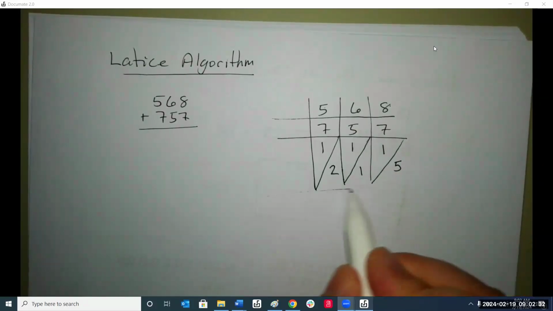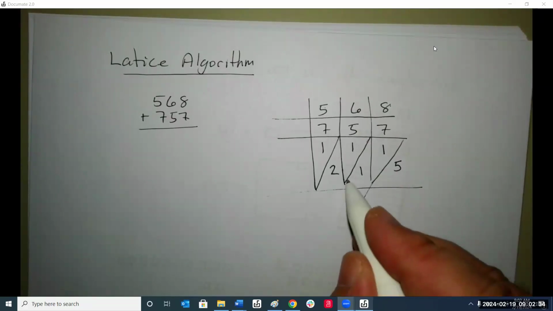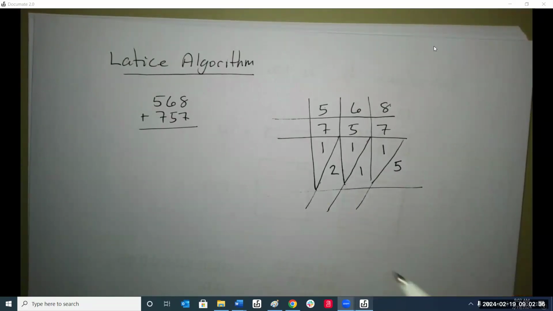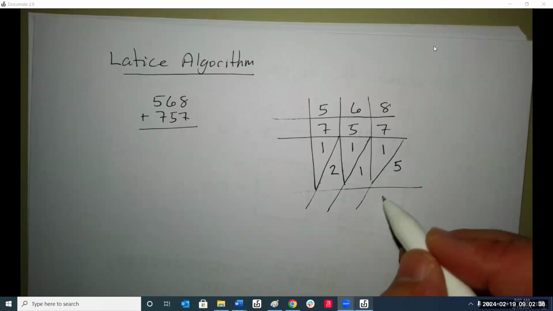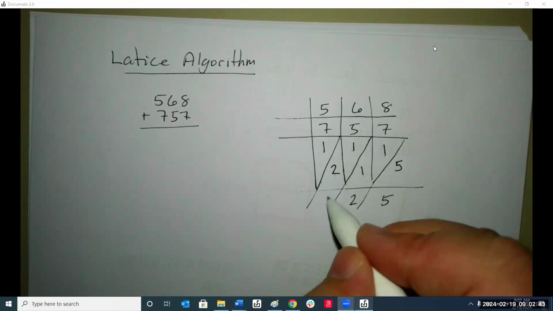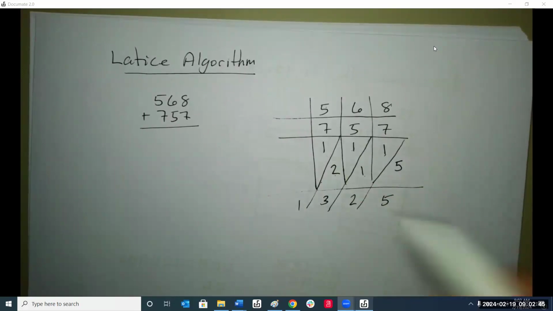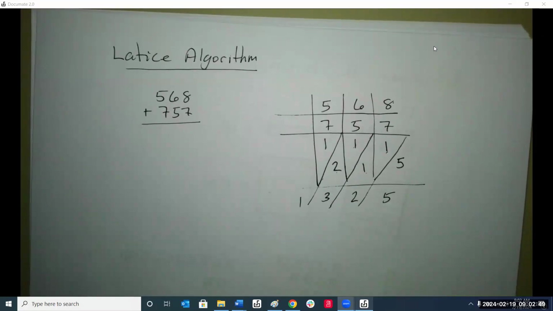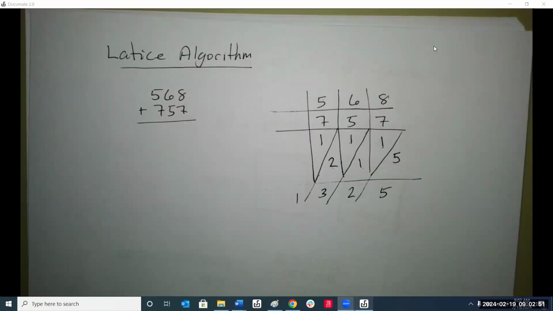Now we add up all the diagonals. So 5 by itself, 1 plus 1 is 2, 1 plus 2 is 3, and then the 1. If the students understand this, even better, because I think it's a lot faster.